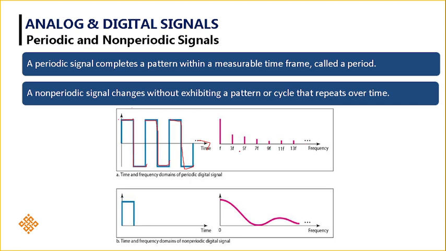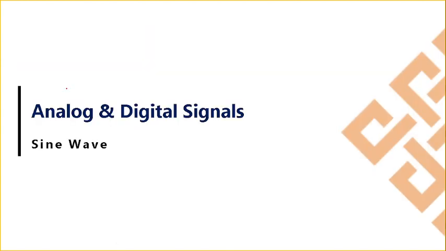The second one is the time and frequency domains of non-periodic signals. You can see here the pattern is not the same, it is changing every time. That's what the definition says. A periodic signal means the shape of the signal, the pattern, will repeat every unit time, whereas for a non-periodic signal, the pattern will change with respect to time.